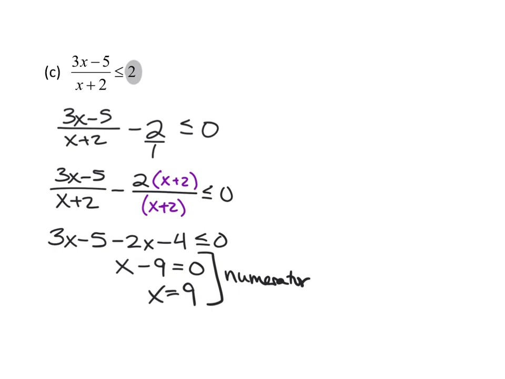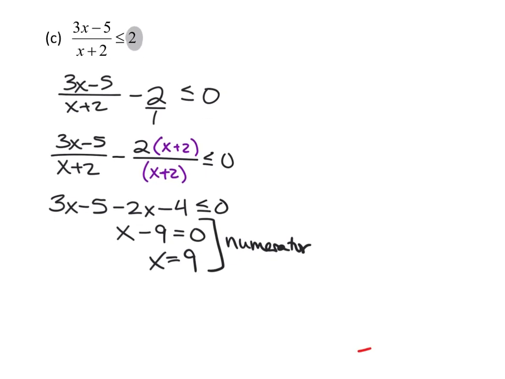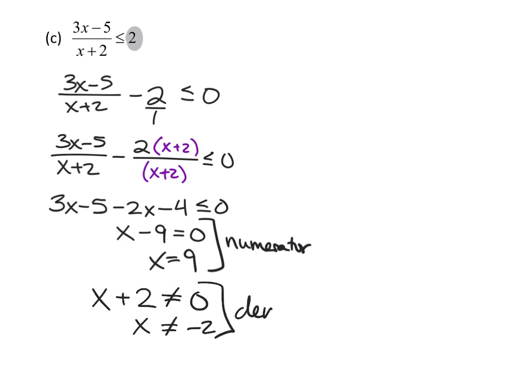It's equal to because the original question has an equal to symbol. On the previous one, it was just less than. This is less than or equal to. So the numerator can be equal to 0. But then I have to know what my denominator cannot be equal to. What can my denominator not be equal to? Negative 2, because we know that x plus 2 can't equal 0, so x can't be negative 2.